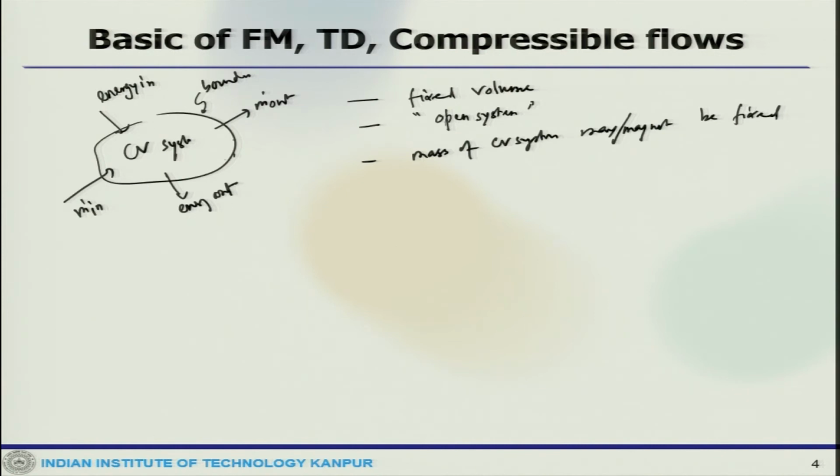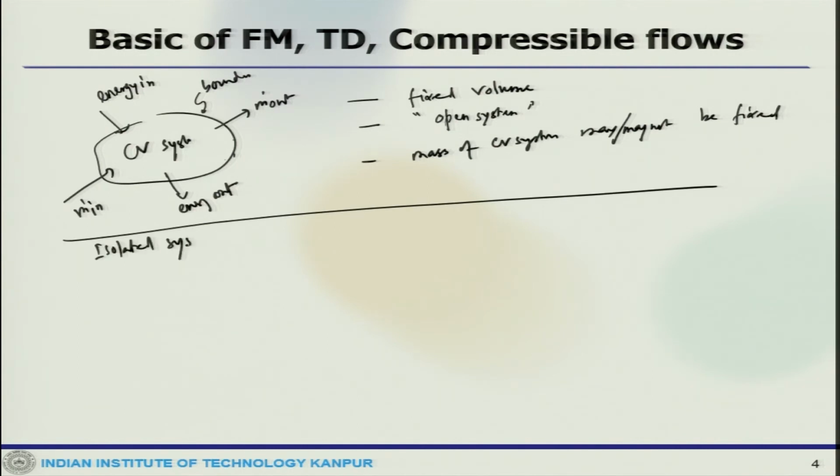Now, the other one is the isolated system. The isolated system is a system of fixed mass with the same identity and fixed energy.